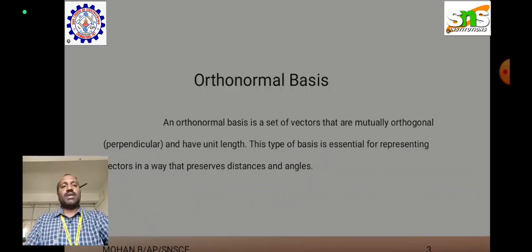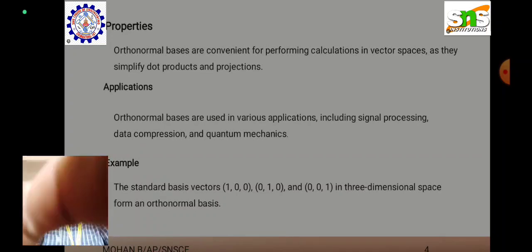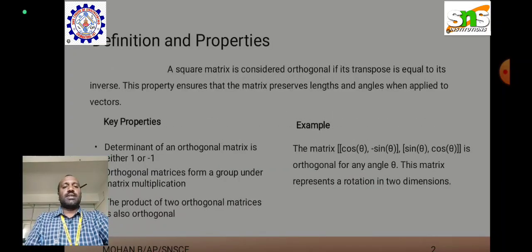Every key point is a very important thing. The determinant of an orthogonal matrix is either 1 or minus 1.